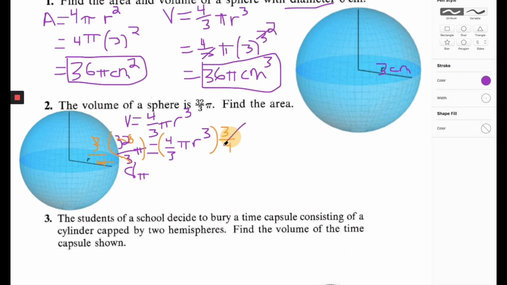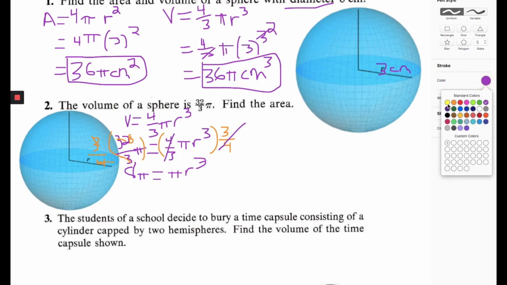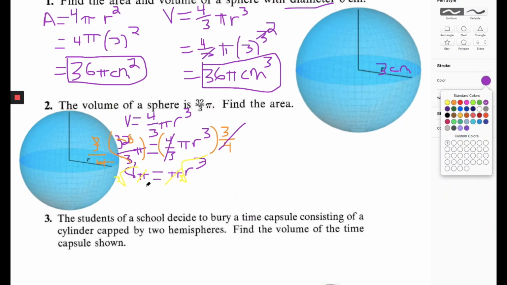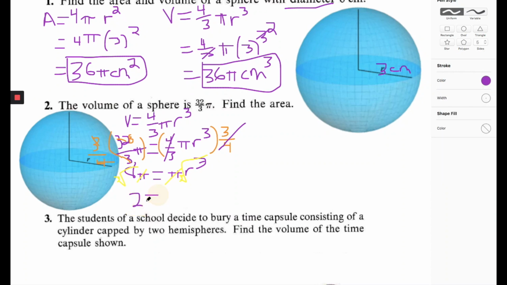On the right side, the whole point of multiplying by the reciprocal is so we can cancel out the coefficient, and that's going to be pi r cubed. Then, if we have pi as a factor on both sides, we can divide both sides by pi and eliminate those. So now I have r cubed is equal to 8. If I take the cube root of both sides, I get 2 is equal to r. Cube root of 8 is 2. So there's our radius of this sphere.